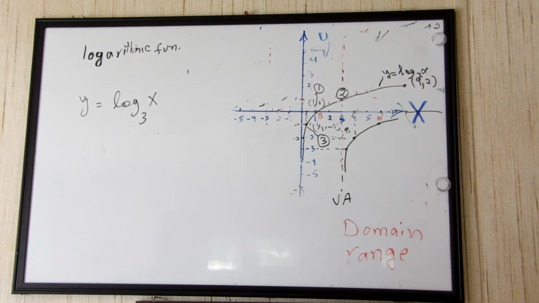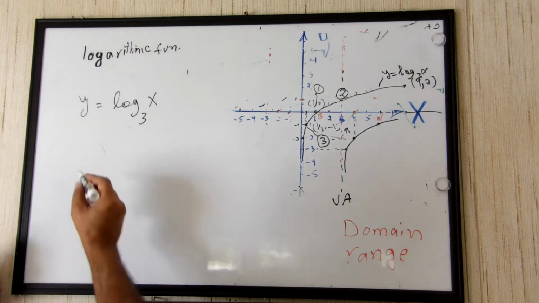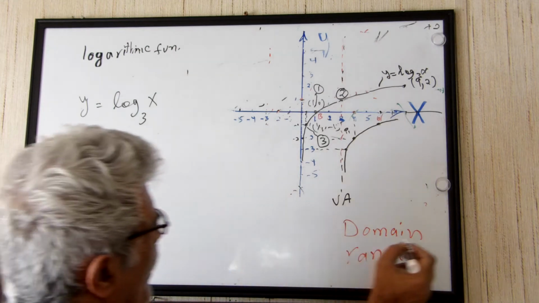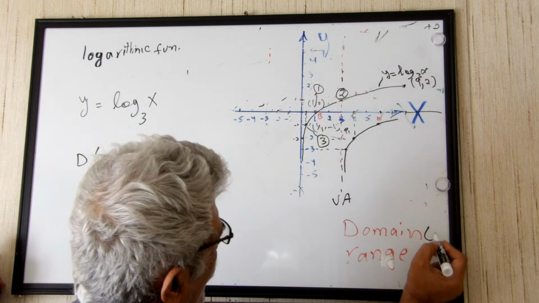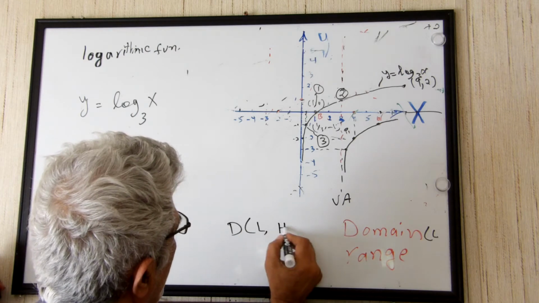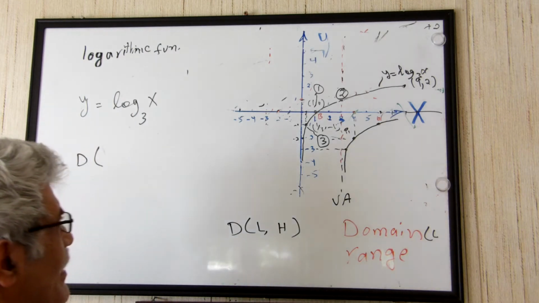So we say the domain of this one. The domain is the lowest value to the highest value of x that x can get.